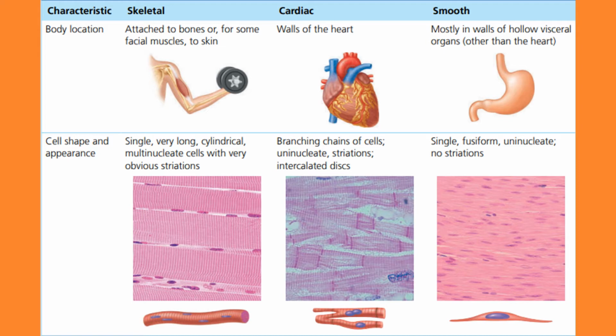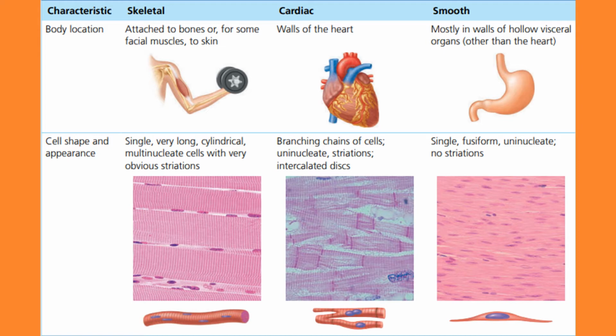Cell shape and appearance. Skeletal muscles are single, very long, cylindrical, multinucleated cells with very obvious striations. Cardiac muscles are branching chains of cells, uninucleated, with striations, and intercalated discs are also present.